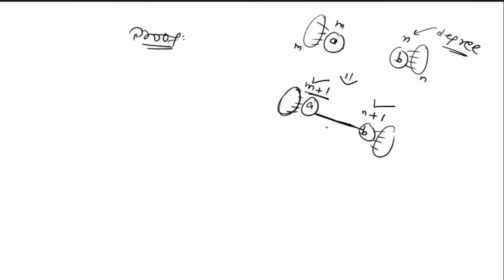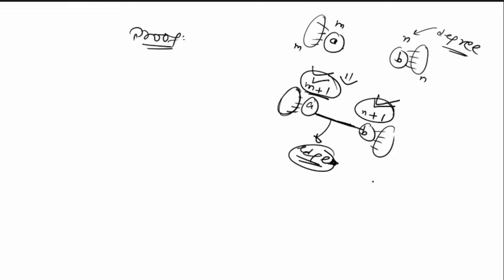So what you can observe is that when you add an edge, it increases the degree of its end vertices. A and B are the end vertices of this edge, which connects A and B. So this edge will increase the degree of A by 1 and the degree of B by 1. So the total degree is increased by 2.